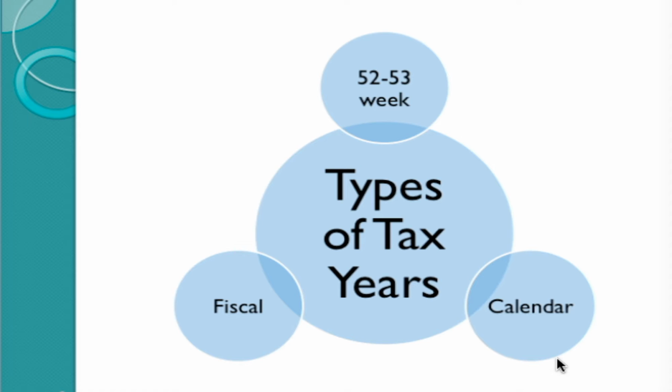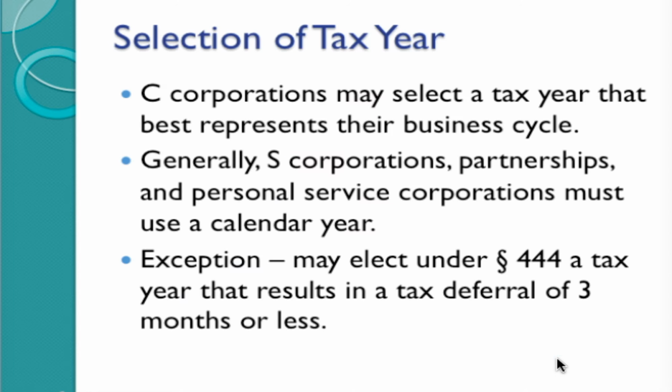Obviously, the most common type of tax year is just your general calendar year, January through December, but for various reasons, different types of entities may select a fiscal year that differs from the calendar year. Generally, selecting a tax year just coincides with whenever you file your first tax return.